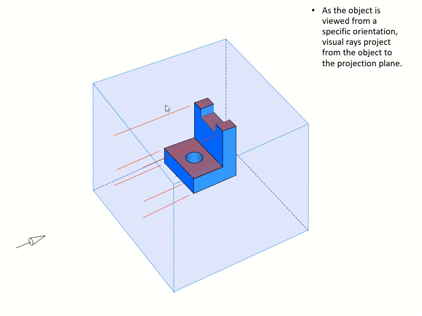So now I'm going to put arrows so you know how the visual rays are going, like this. Of course you're viewing from here, don't forget this is your plane. So here this is the plane that we're looking at.